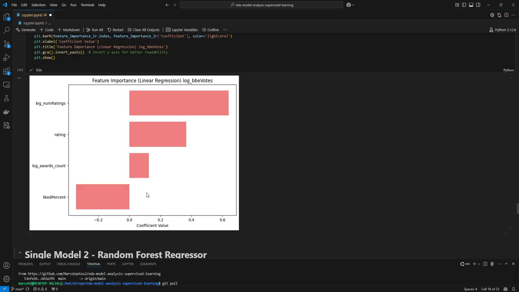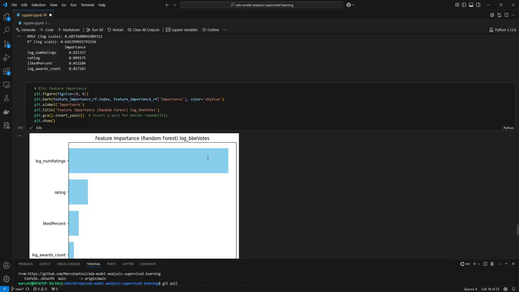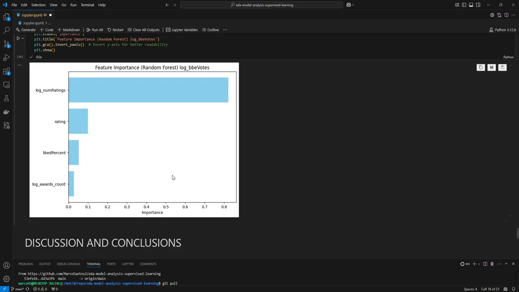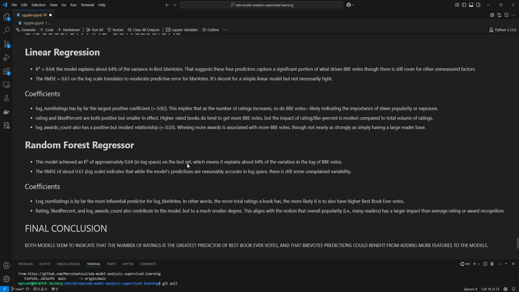And if we go back here, we can see that it's the same case for our linear regression model. That's at least good news that both models return the same or similar results. So let's take a look at the results here. For the linear regression, the R square was 0.64.